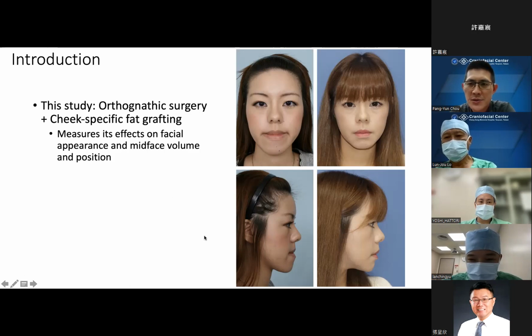But I'm not sure once you want to put the fat in the mid face or lower face as well as do the orthognathic surgery, what is your predictability for your final result in your experience? Yes, please, Professor Chen.